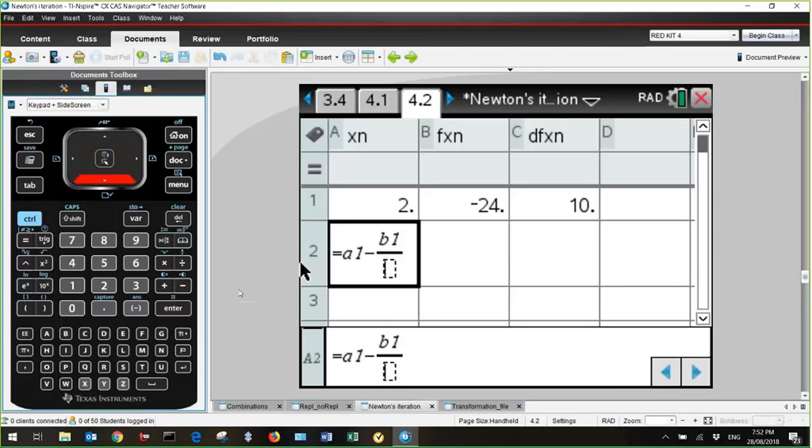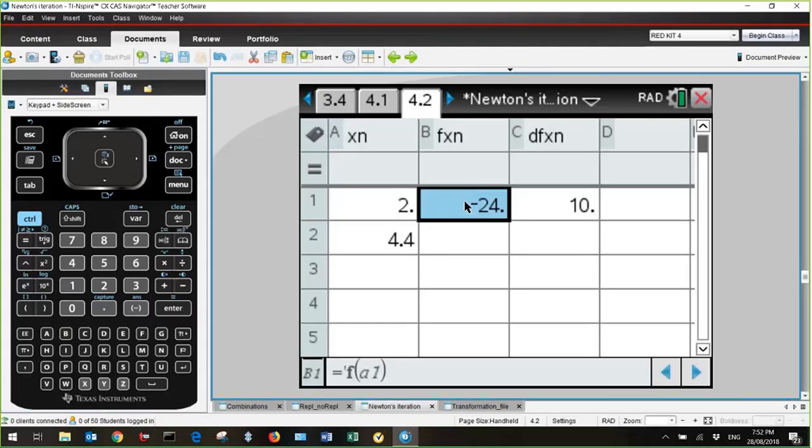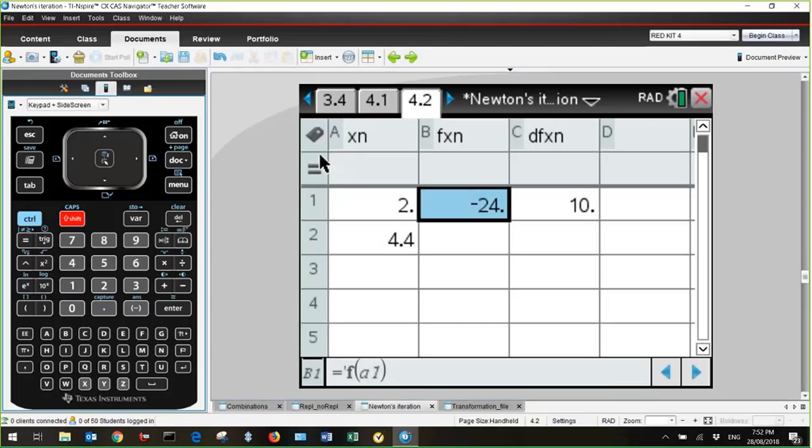Okay, now I'll go to this cell. To multi-select on the handheld, just hold down the Shift key and then use the arrow keys so you can multi-select. Then to fill down, there are a number of ways of doing it on the handheld. One quick way is to get the context menu, so Control menu, and number 4 is fill, and just press the down button.